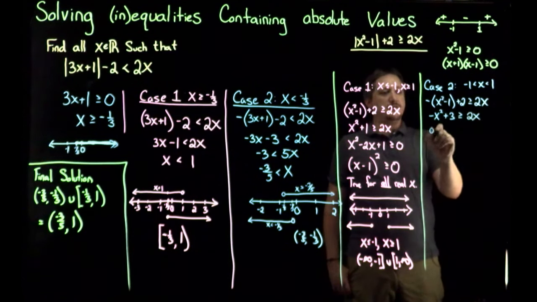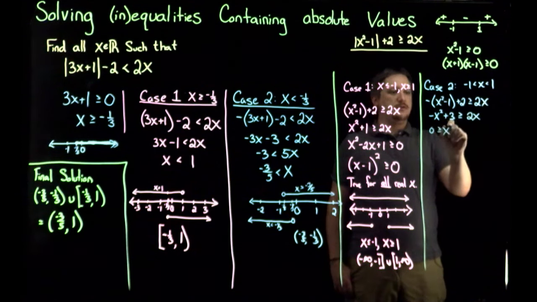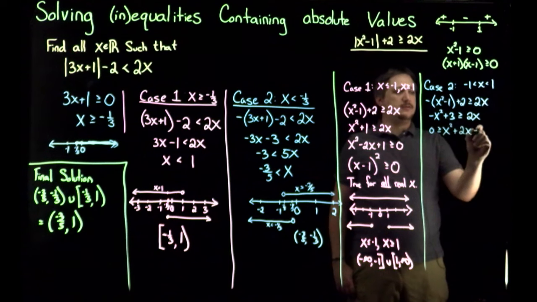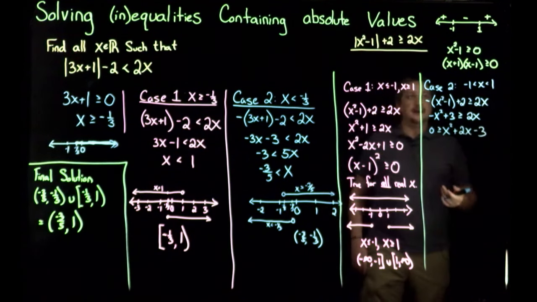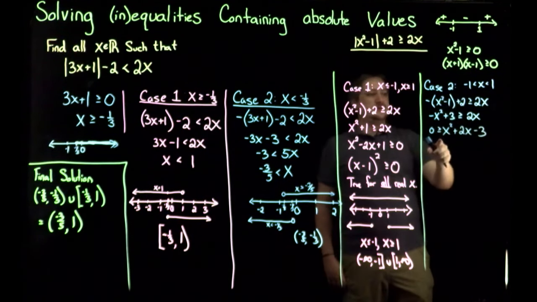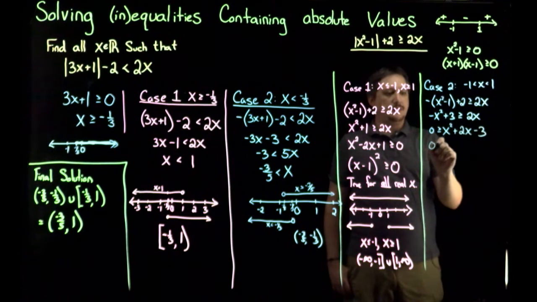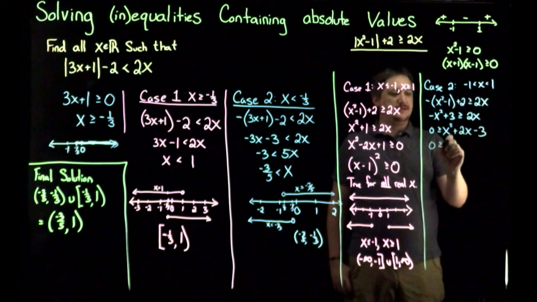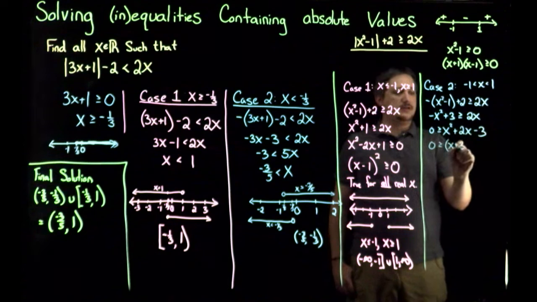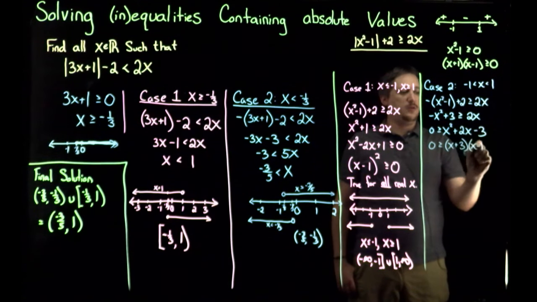So I'm going to have 0 greater than or equal, so I'm going to add x squared over, plus 2x minus 3. And again, I'm in a similar situation, only here I'm going to factor, and in this case I'm going to get x plus 3, x minus 1.